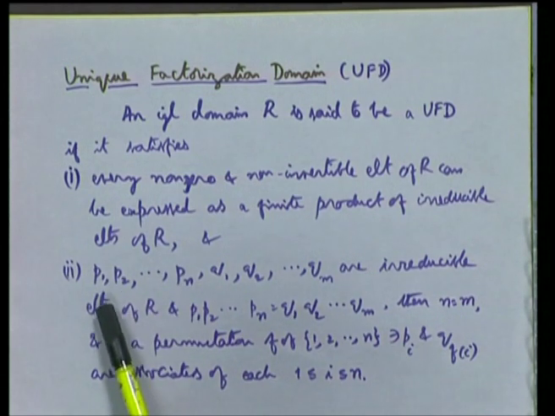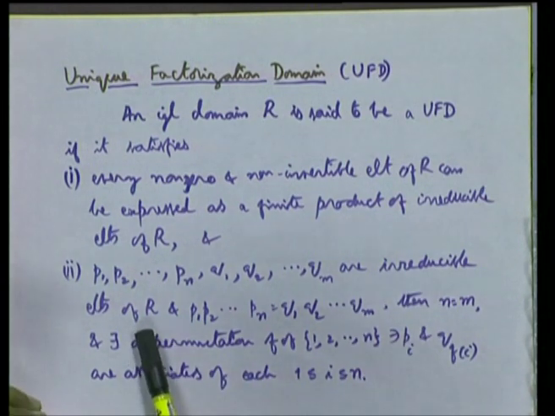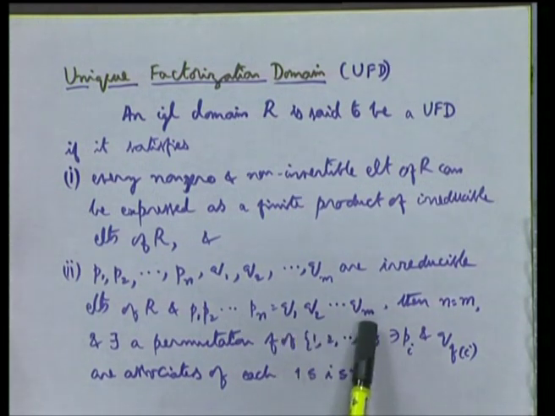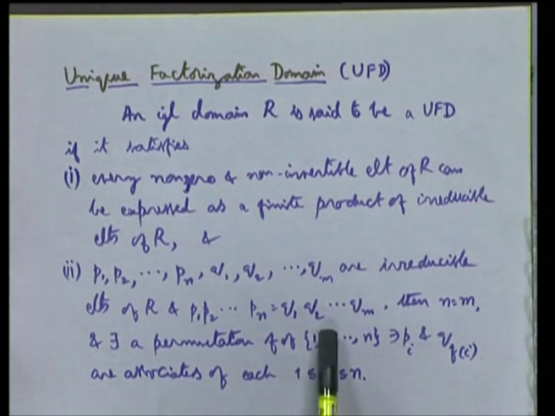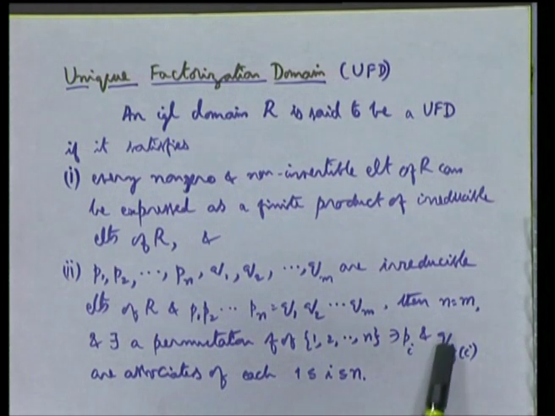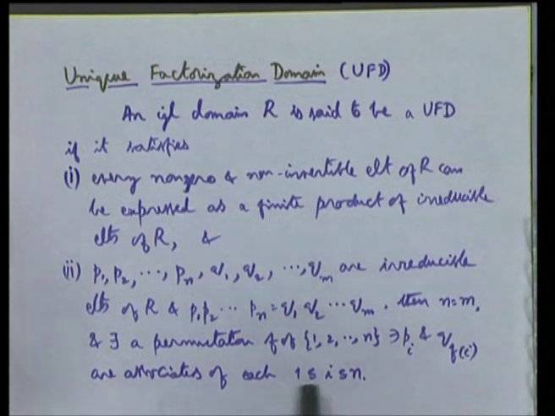And then if P1, P2, ..., Pn and Q1, Q2, ..., Qm are irreducible elements of R, such that the product P1 P2 ... Pn is equal to the product Q1 Q2 ... Qm, then we can obtain that n is equal to m and that there is a permutation f of the set consisting of the first n integers, such that Pi and Q_f(i) are associates of each other for each i between 1 and n.